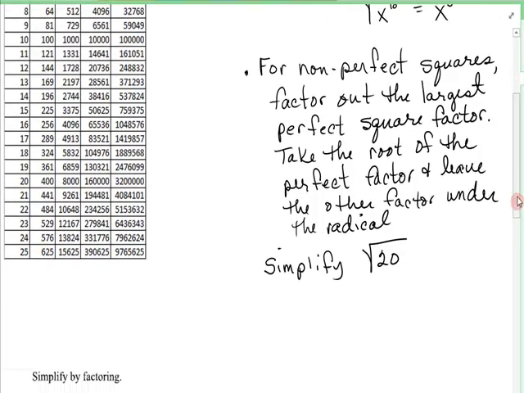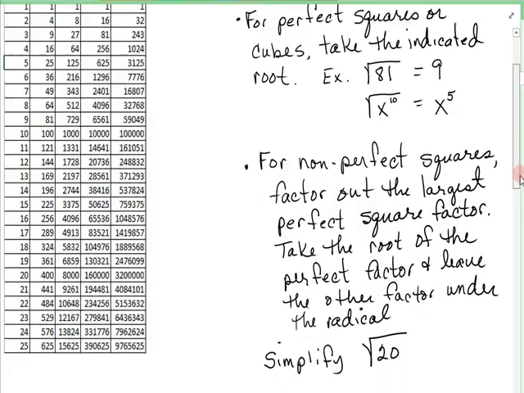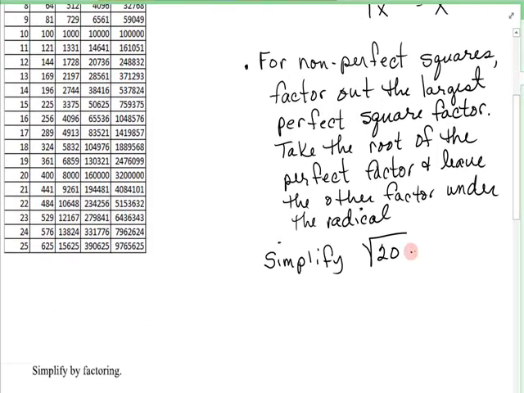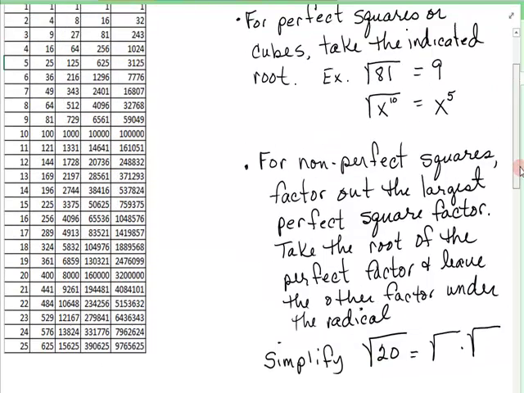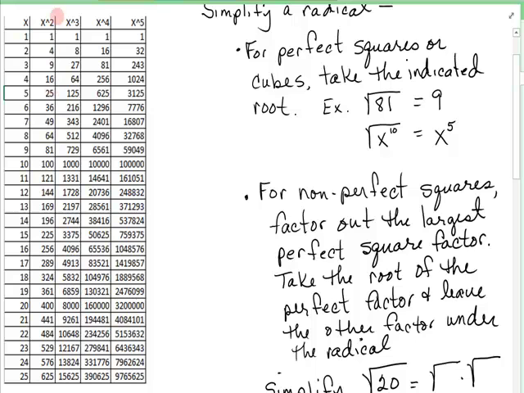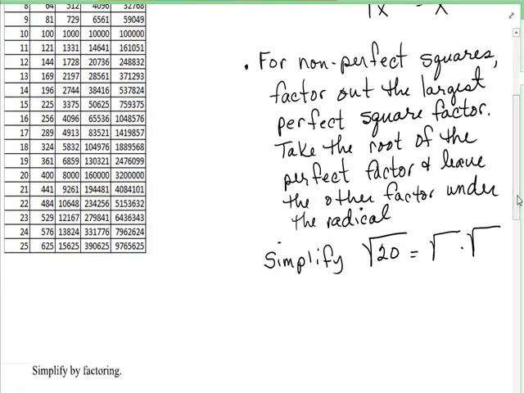If it were, you would do something similar to what we did up there. It's not a perfect square. So what you try to do is you try to factor it. Is there a perfect square that goes into 20? If you need to, you look at your list. And the answer is yes, 4.